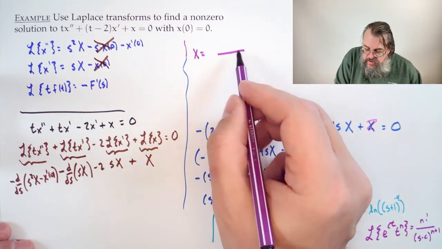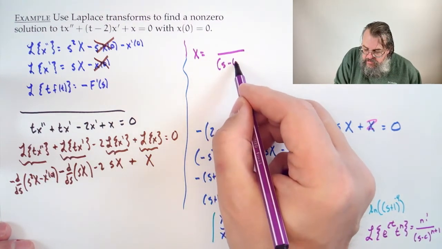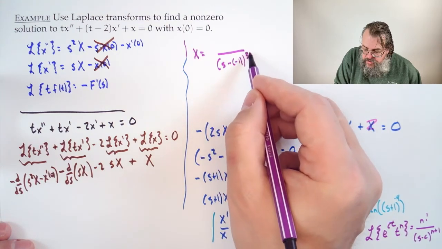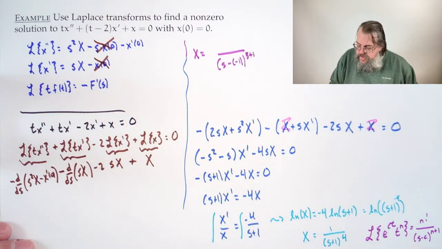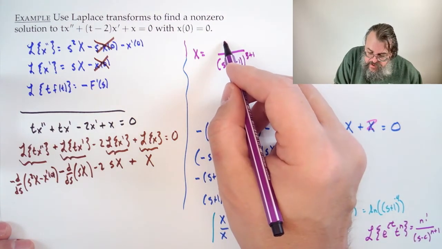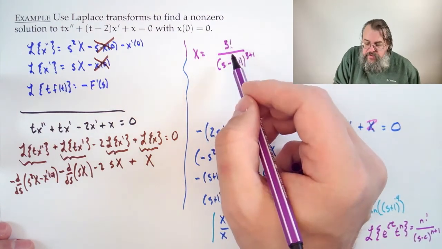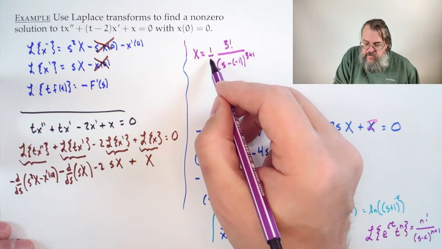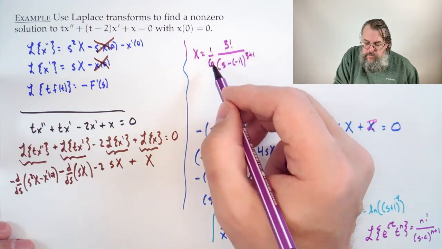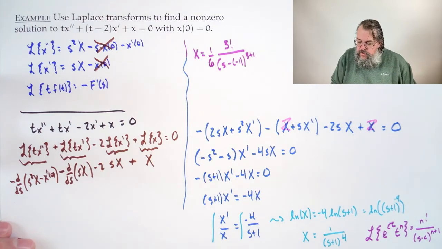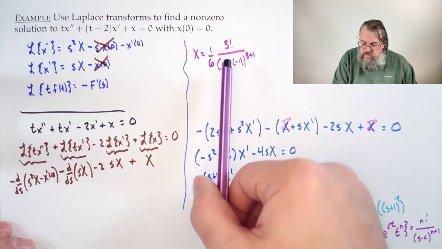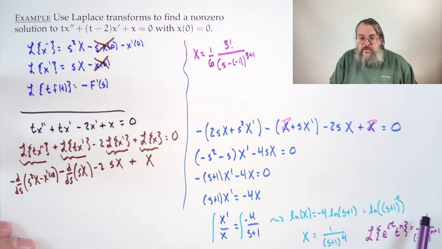So we're going to write this as s minus minus 1 to the 3 plus 1. That means we want to have a 3 factorial upstairs, so we put a 3 factorial upstairs. Well, 3 factorial is the same as a 6, so 1 sixth and 3 factorial cancel. So we've rewritten this so it matches this form.